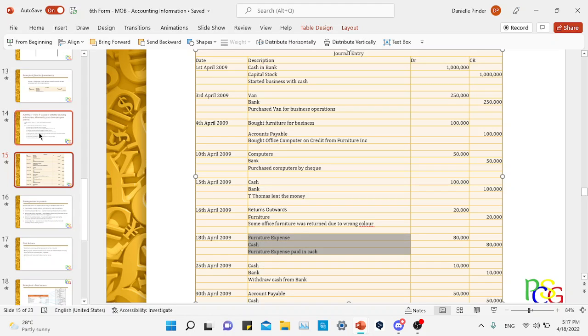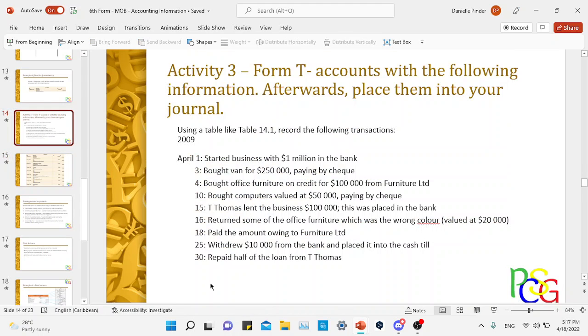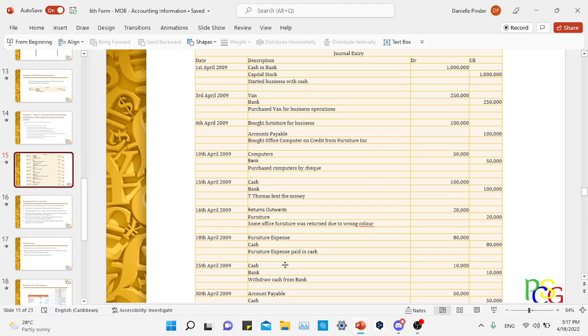All right. So now we're going to go on to 25, and we'll see what 25 says. On the 25th we withdrew $10,000 from the bank and placed it in a cash account. We have cash in the bank and they decided to withdraw it and place it in our cash in hand.